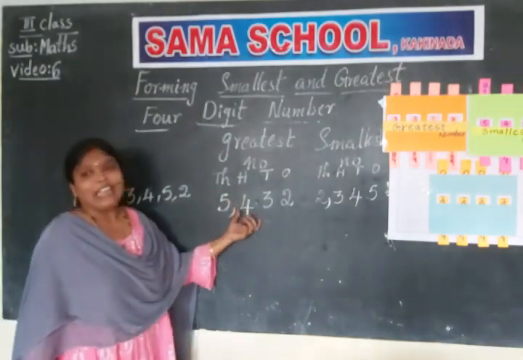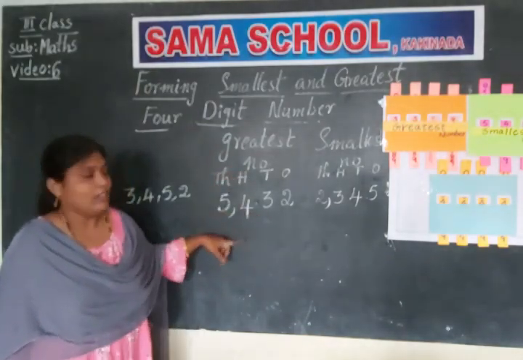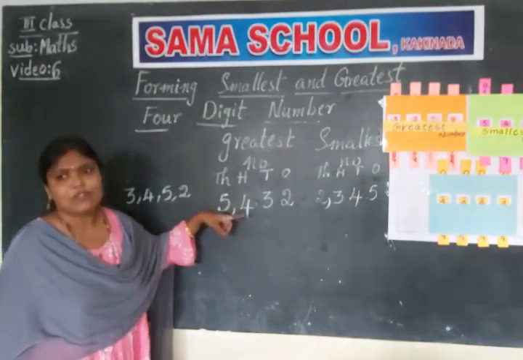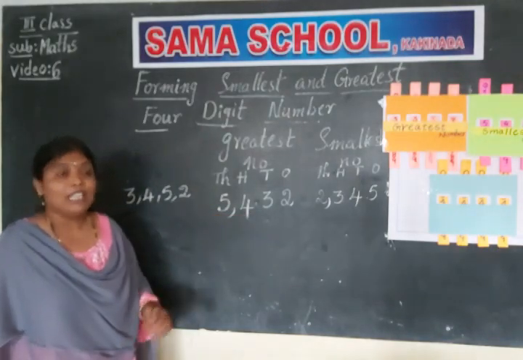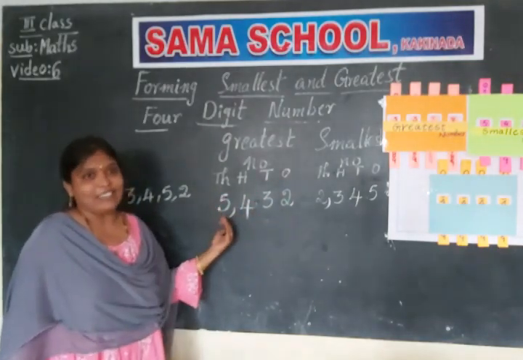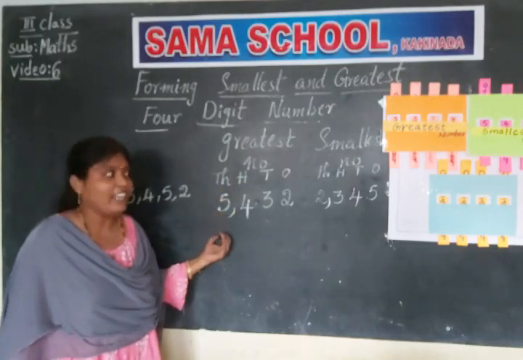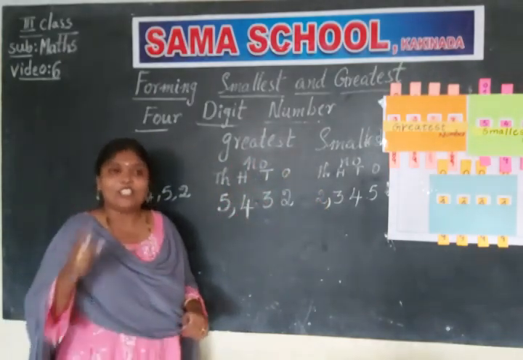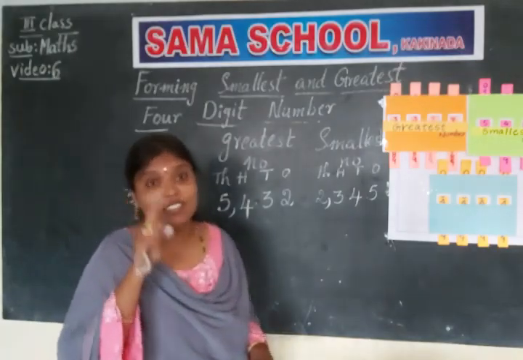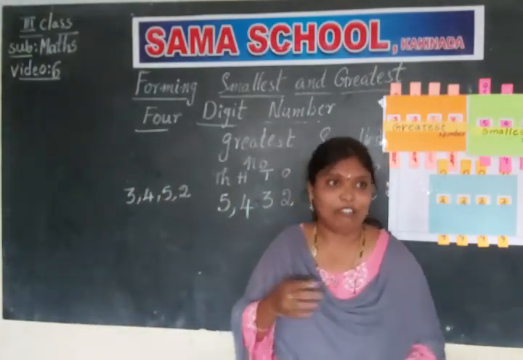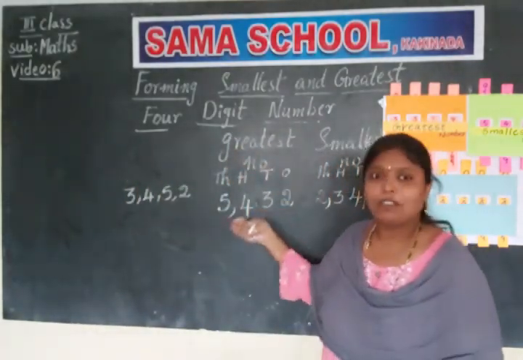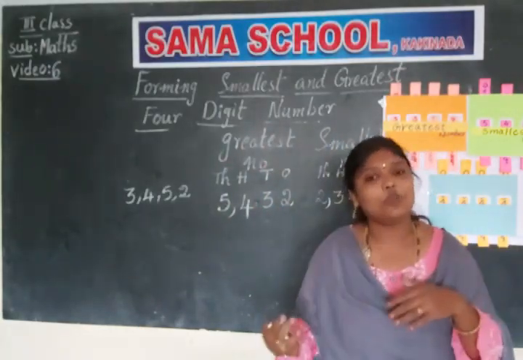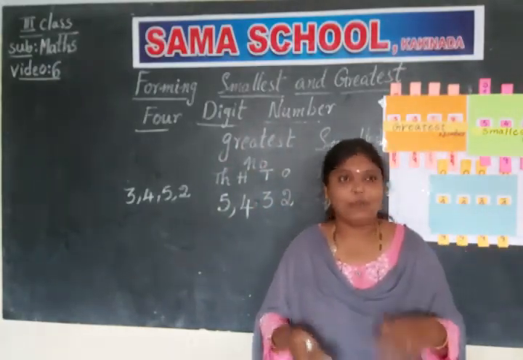See children, do you observe any magic here? For writing the greatest number, we write it as 5432. If you write it in the reverse order, then you get the smallest number. So if you learn to write the greatest number, the reverse order of it gives you the smallest number.